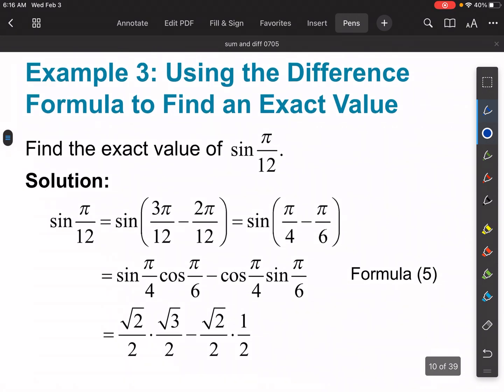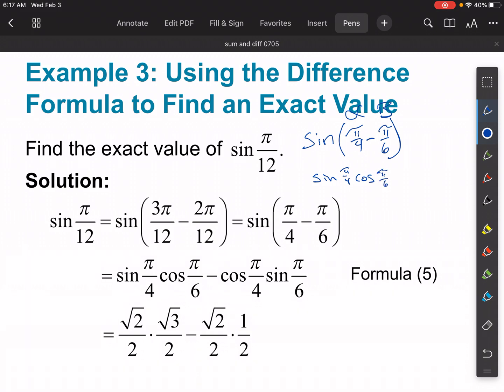Let's write this as sine of pi over 4 minus pi over 6. This is alpha, this is beta. So let's do sine of pi over 4, cosine of pi over 6, minus, because we're doing a difference formula and the sign stays the same, cosine of pi over 4, sine of pi over 6.